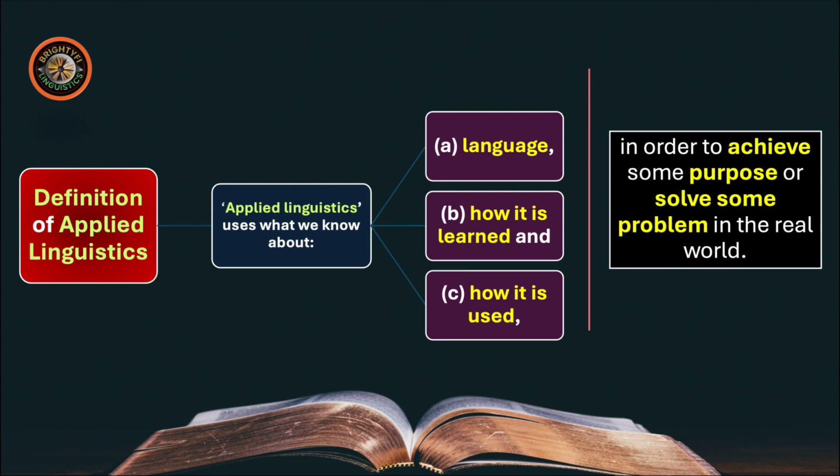Briefly, applied linguistics helps us use language, learn language, and apply language to solve real-life problems. The name itself suggests the application of language in real-life situations, in the field of engineering, in the field of medicine, in the field of computer science.